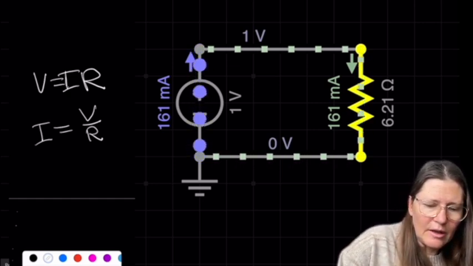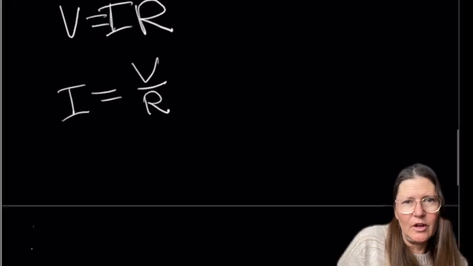So in summary, every element is going to have a current and a voltage across it. And as you have a current source in there, it fixes the current in a branch, and the voltage can change.